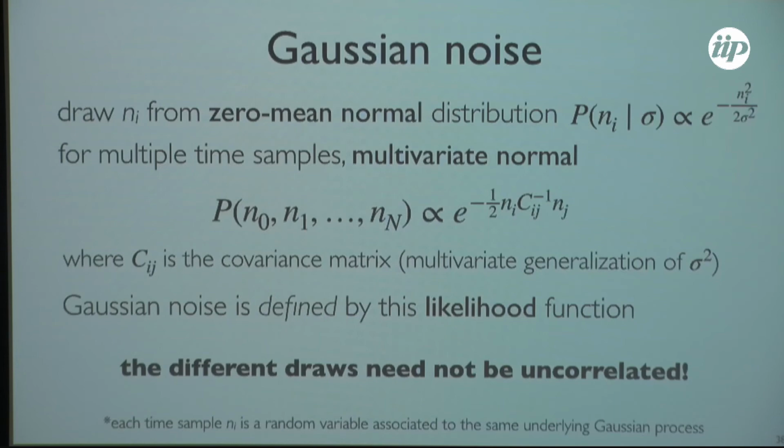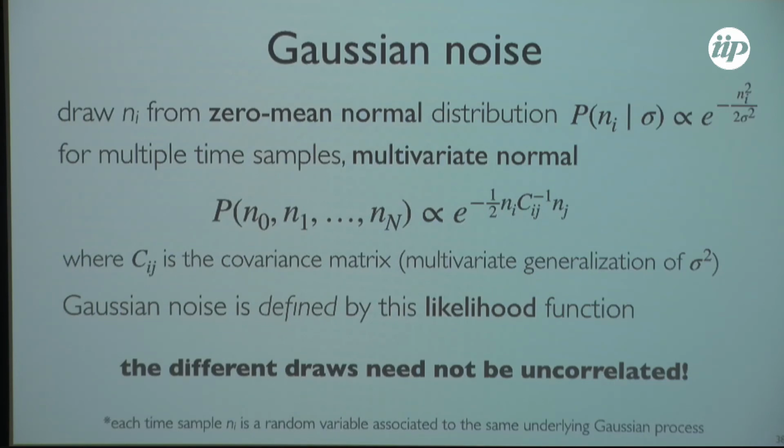What you need to know is that if I have a series of time samples that are known to be Gaussian noise, then the probability of drawing that whole set of N samples from a multivariate Gaussian distribution is very similar to the one-dimensional case. It is e to the minus 1/2 times the inner product of the vectors weighted by this covariance matrix. Does this make sense?